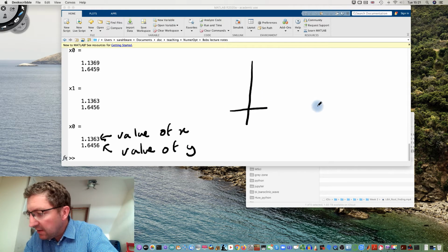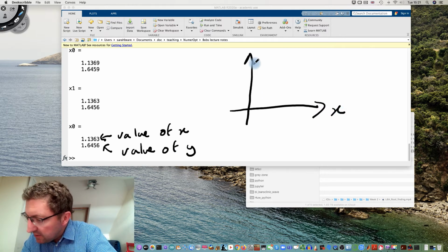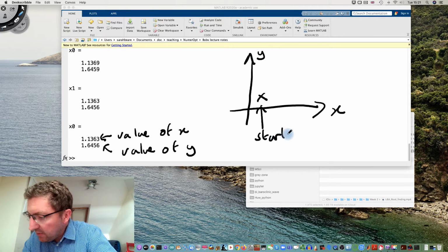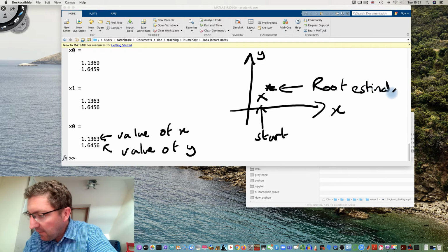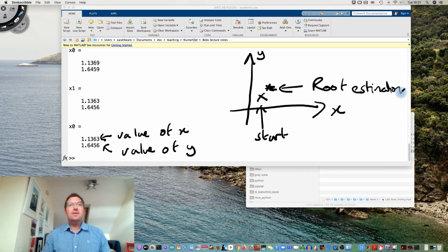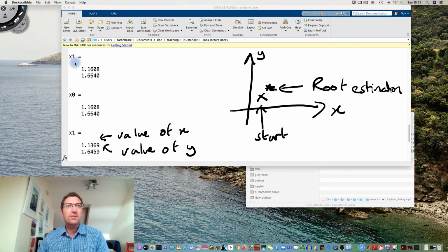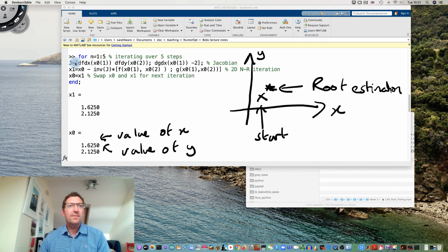And all we've been doing here in x and y space is we've been starting at 1, 1, and then we've been iterating slightly further apart to root estimation. Okay, so that's your value of x and value of y, and if you just look at x0 as you go through the calculation, it iterates towards it.